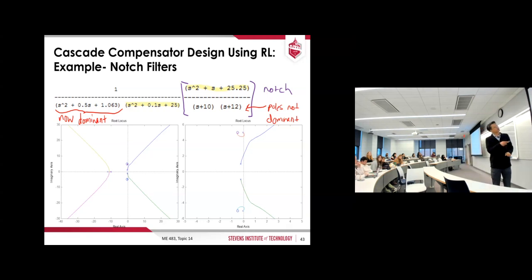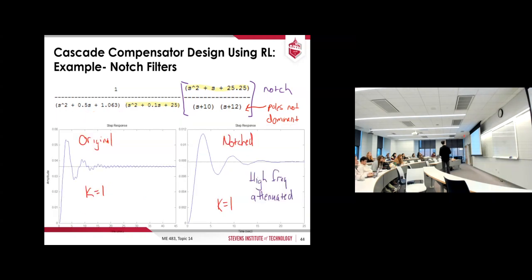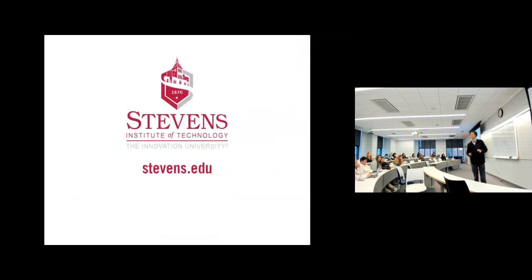Then what happens here, because you put these zeros here, your roots move from x to 0. Therefore, compare this original step response and the notched step response. You remove this vibration. Very, very important problem. All right? Done. Any question?